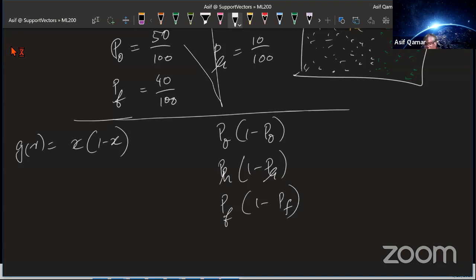So you guys are all good with numbers. We can compute that. This is a half times a half, isn't it? This is a fourth. House points are 1/10 times 9/10, isn't it?